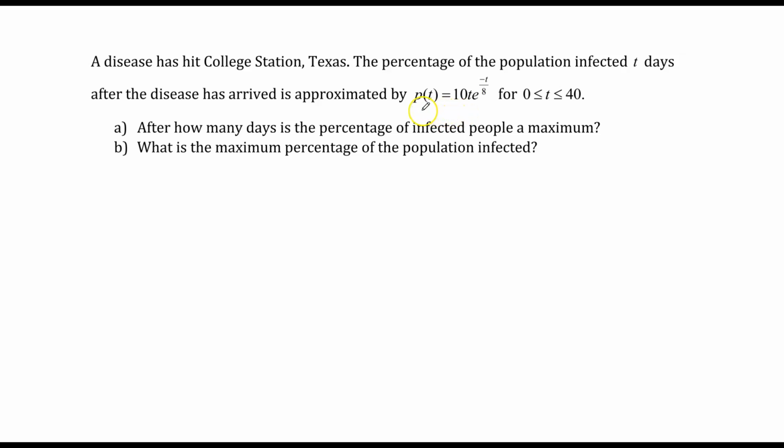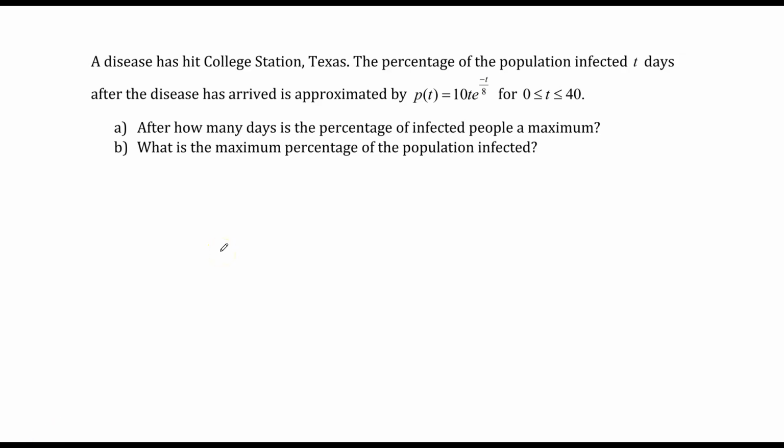We will begin by finding the critical number, the value that will make the derivative of this function equal to 0. And then use that number and the endpoints of the interval to evaluate the function P of t, and then compare the resulting values. The highest value will give you the maximum.